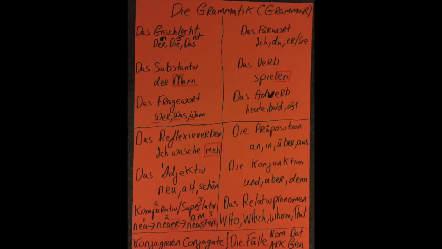From other videos that I've done, and depending on where you are in your German studies, you will have done die Fälle, which are the nominative, accusative, and dative cases. But again, don't focus too much on all of the words. You just need to be able to recognize them, if the teacher uses these words in class to prompt you to speak German and to be comfortable with the German language.